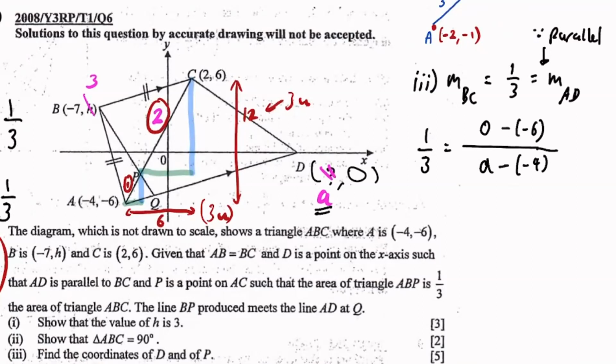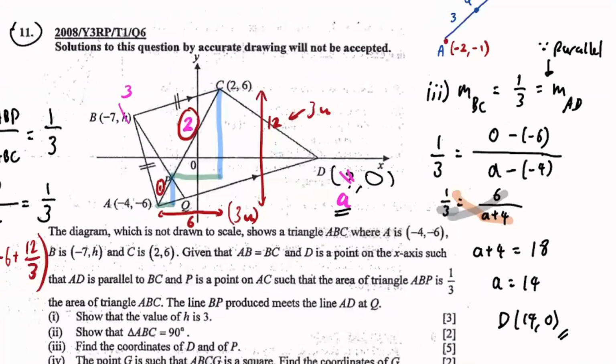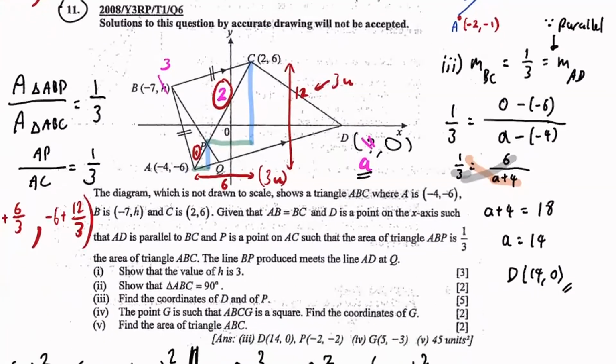From there, you can cross multiply. Okay, we simplify it a bit first. Yeah, then you can solve for A already. And you are essentially done. 3 times 6 is 18. And therefore A is 14. So D is 14, 0. Is that okay? Yeah. Cross multiply. Okay, good. Point D is found. Moving on.